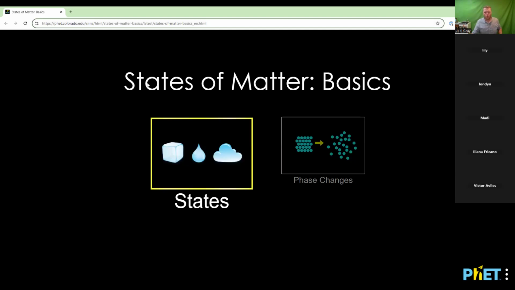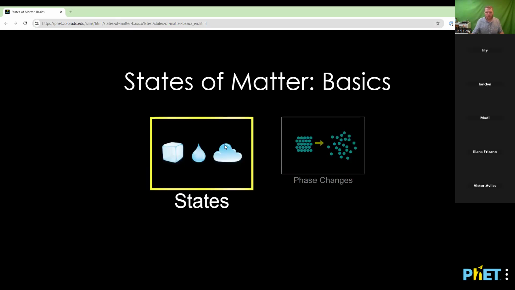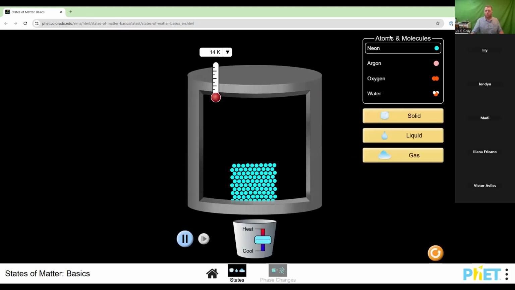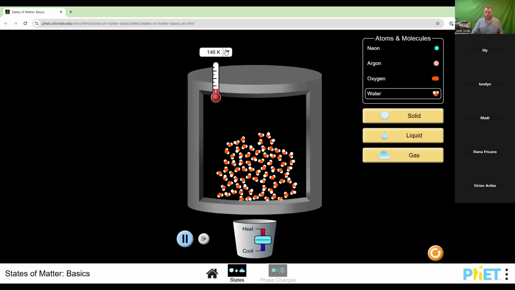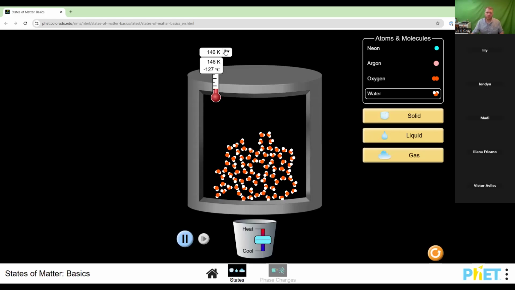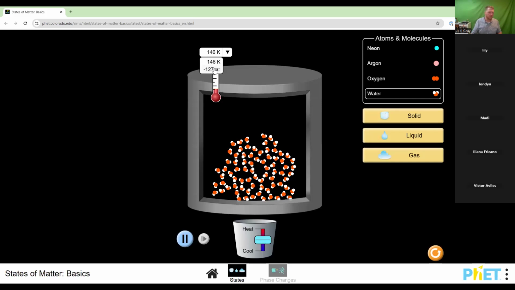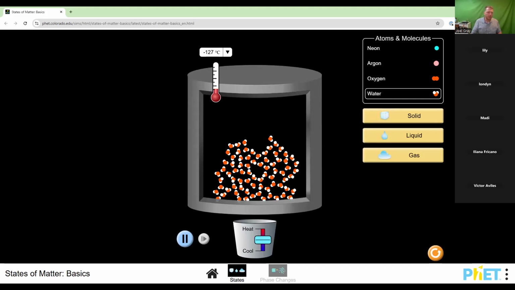So there's always one simulation that's like, here's the concept and here's kind of the application. If we look at this, states, on the right-hand side we have atoms or molecules. We can select a substance. Let's just go with water. And then we can adjust the temperature. Let's go with degrees Celsius. Right now, this is water as a solid. It's negative 127 degrees Celsius.